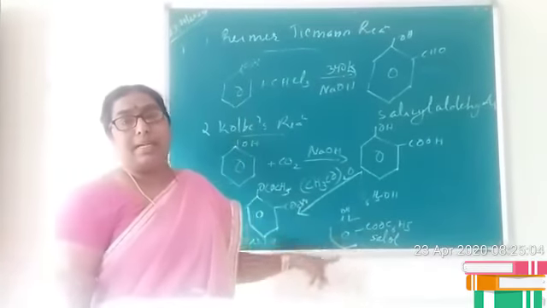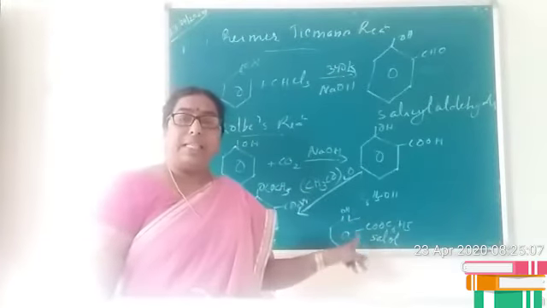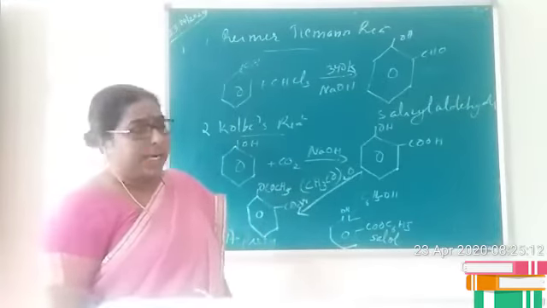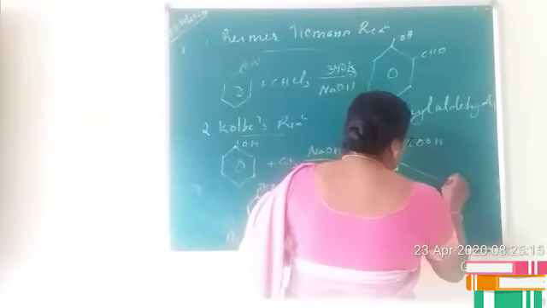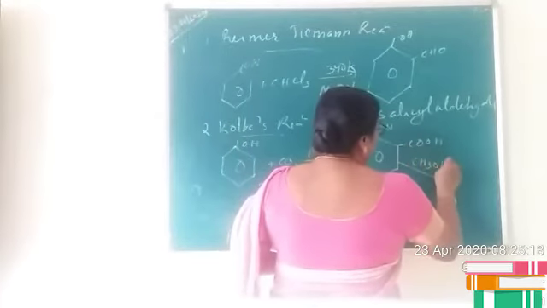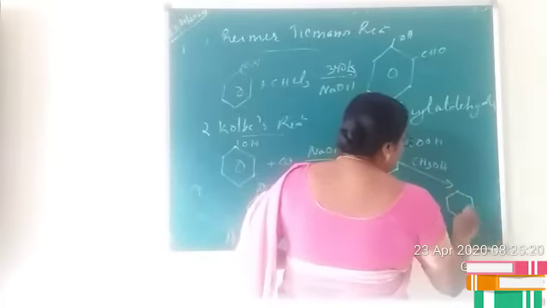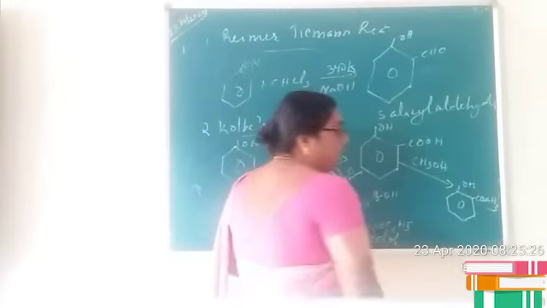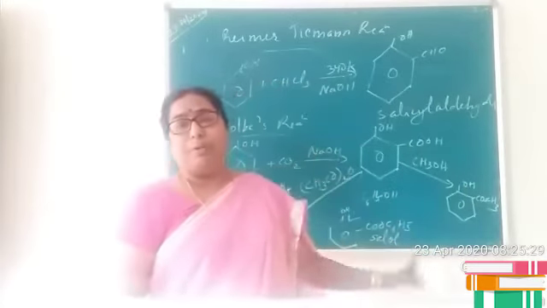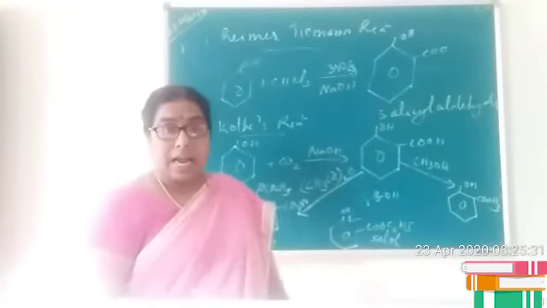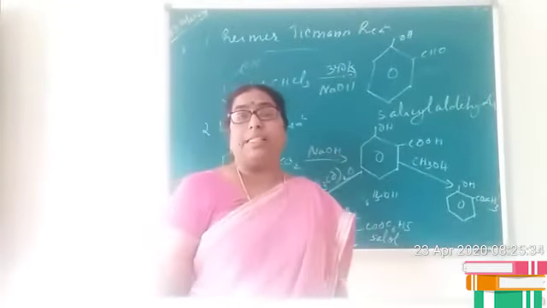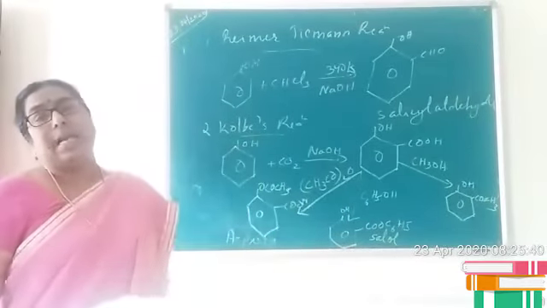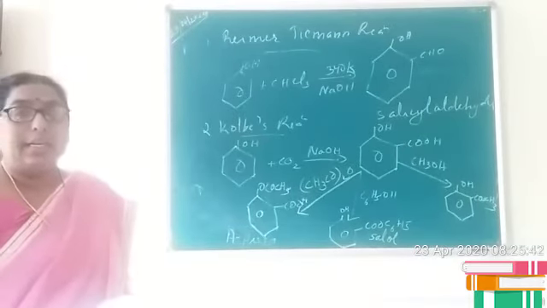Salicylic acid further reacts with methanol and you will be getting methyl salicylate as the product. This is one of the main ingredients in the perfume oil of wintergreen, as well as in Iodex, and in mouthwash also you can see the presence of methyl salicylate. Is it clear children? That is why I told you salicylic acid is a very important organic reagent.